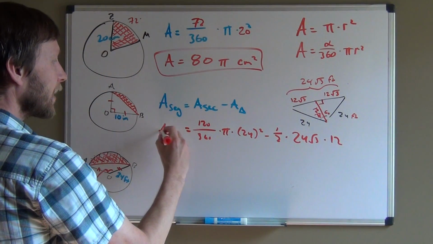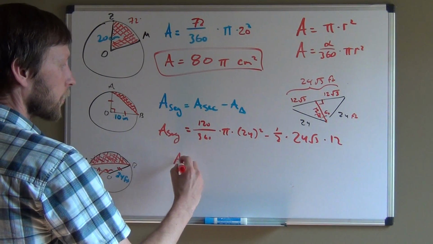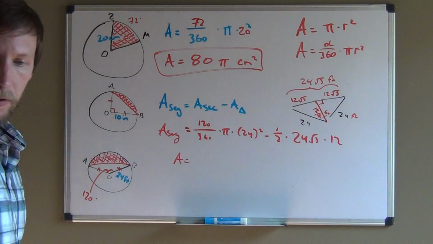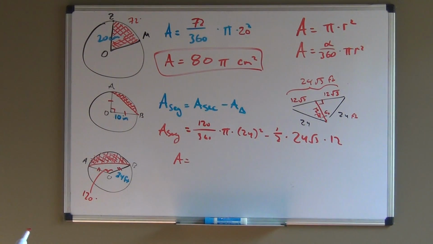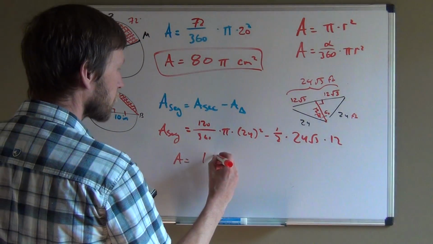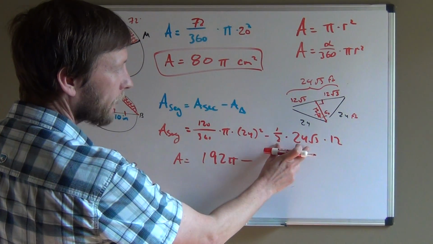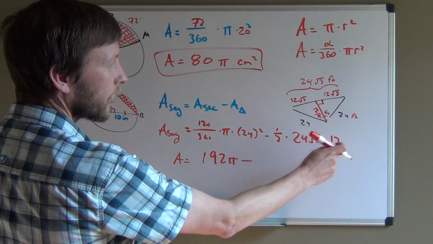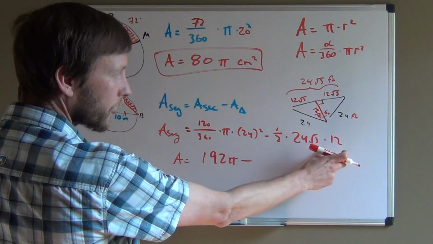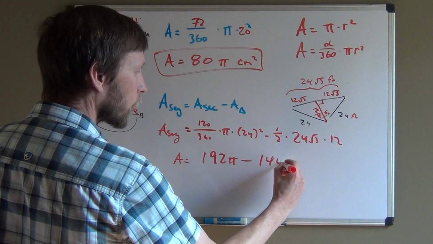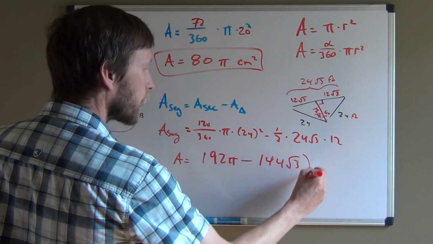And so when we're finding the area of this segment, we're taking 1/3 of 24 squared, 1/3 of 576, gives me 192 pi. And then I'm subtracting half of 24 square roots of 3 times 12. So 12 square roots of 3 times 12 is going to be 144 square roots of 3, and this is in square feet.